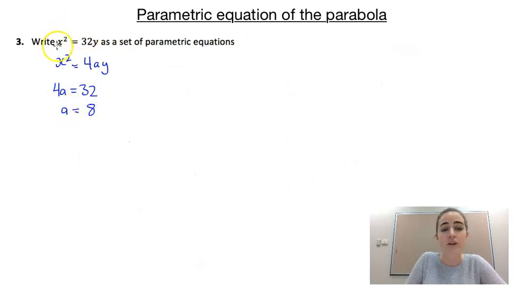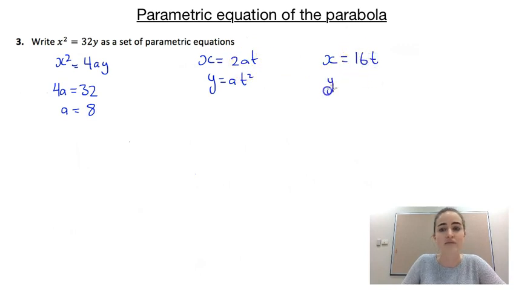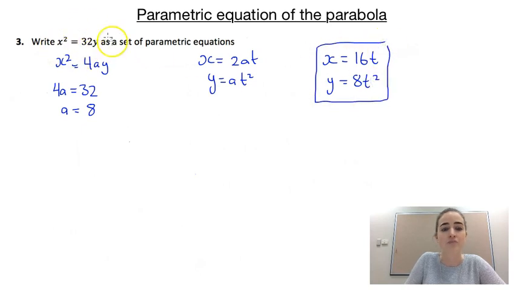Now from there, we can also recognize that because this is a concave up parabola, it's going to satisfy the parametric equations of the form x equals 2at, y equals at squared. And now we know what a is. Our equations are going to be x equals 2a, which will be 2 times 8, which would be 16t. And y is going to equal 8t squared. So these are the parametric equations that represent this parabola.